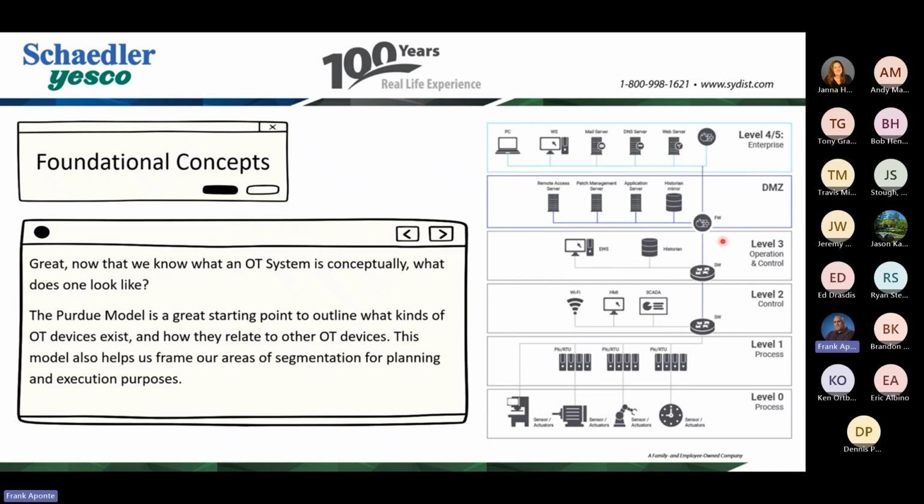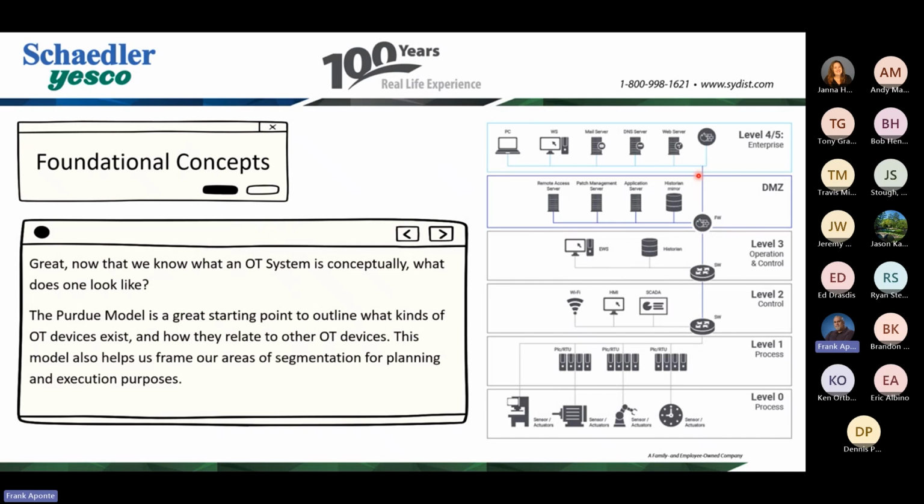And as it's showing here, there's a firewall to the DMZ. A lot of times this is called level 3.5. And depending on whether or not there's just one firewall here or another firewall, this is usually its own little domain where a lot of more computational, more enterprise things happen.